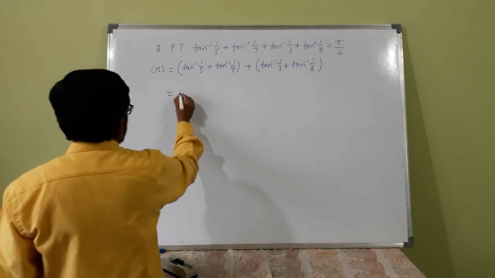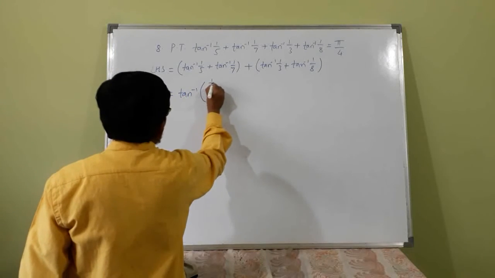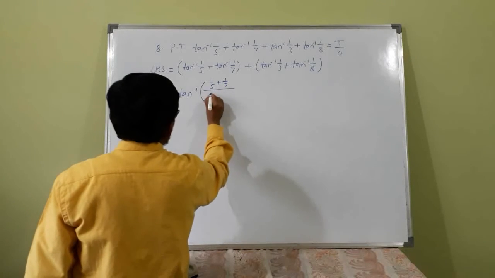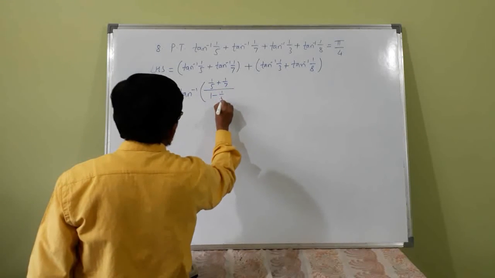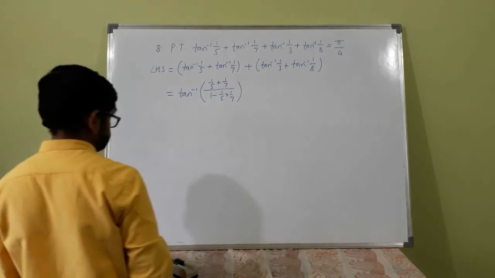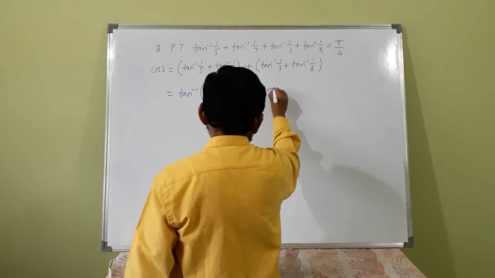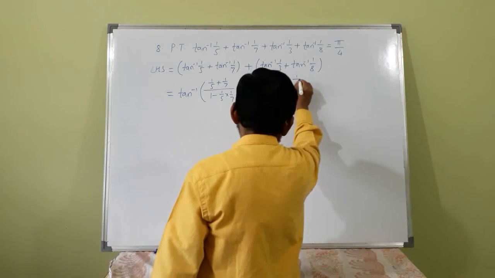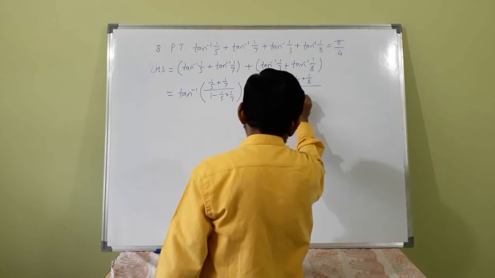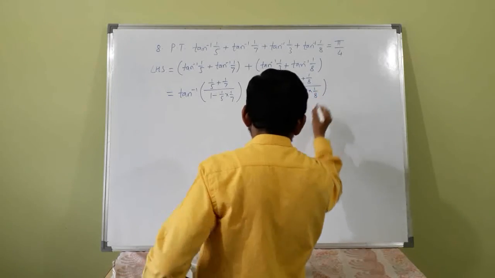Tan inverse of 1 by 5 plus 1 by 7 divided by 1 minus 1 by 5 into 1 by 7, plus tan inverse of 1 by 3 plus 1 by 8 divided by 1 minus 1 by 3 into 1 by 8.